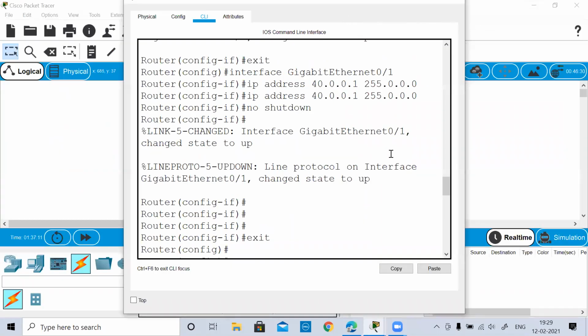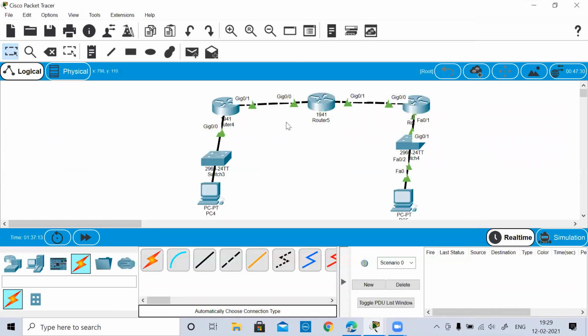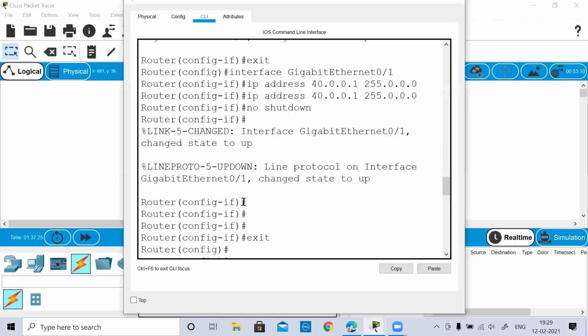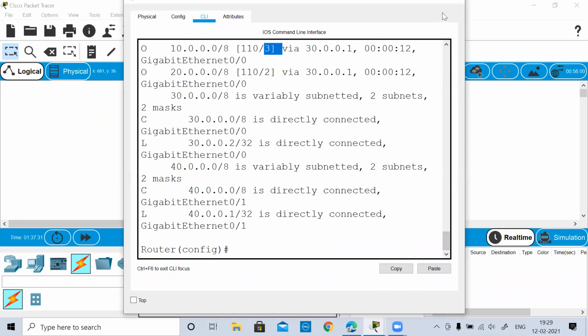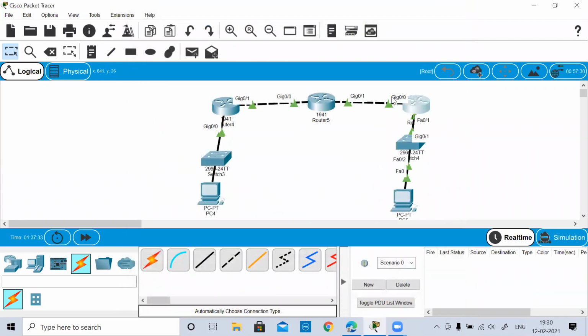The link we have used over here is a gigabit Ethernet, right? So the cost is considered as 3 in this router. That means 1 plus 1 plus 1. The calculation is the reference bandwidth, 100 Mbps, divided by the actual bandwidth.